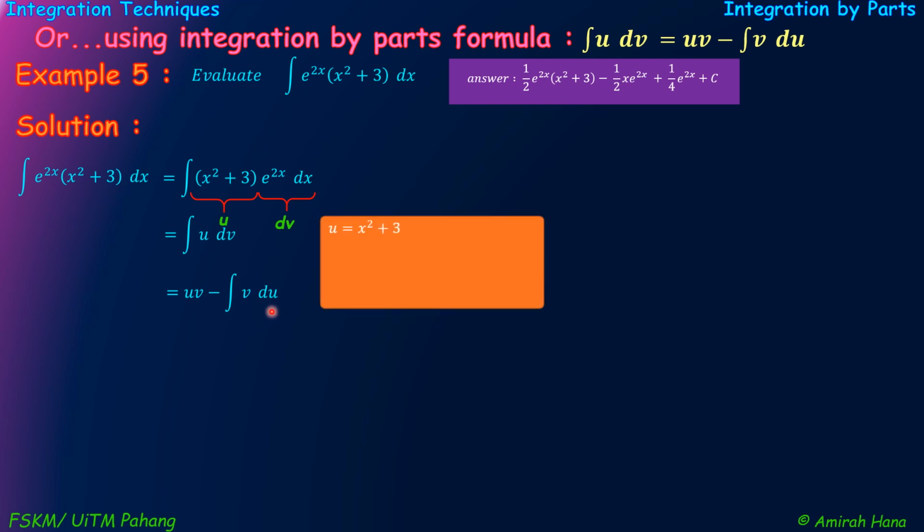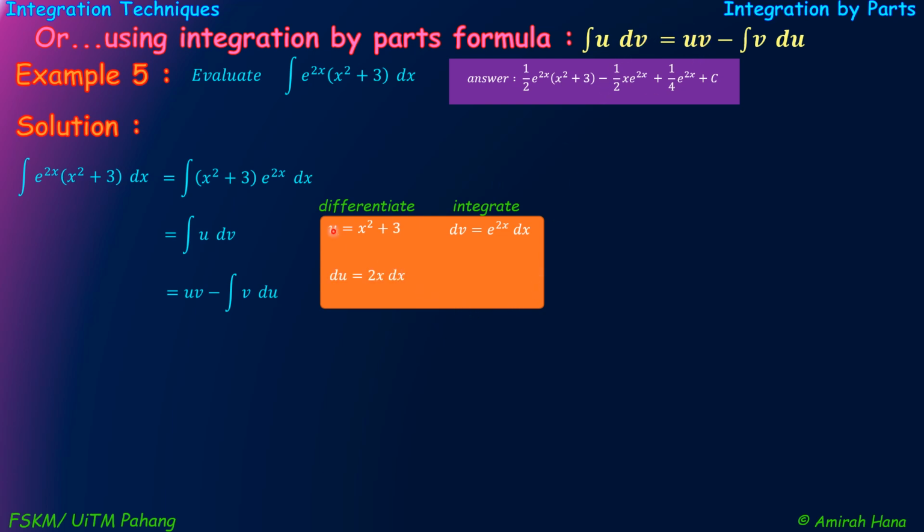Then after that, we can list our u equals x squared plus 3 and dv equals e to x dx. From u, we need to differentiate to find du to put into this formula, and from dv, we need to integrate to find v.